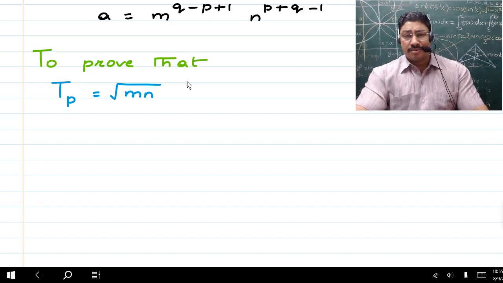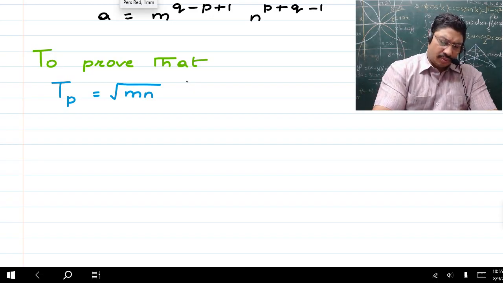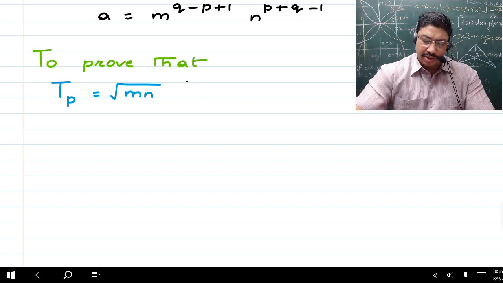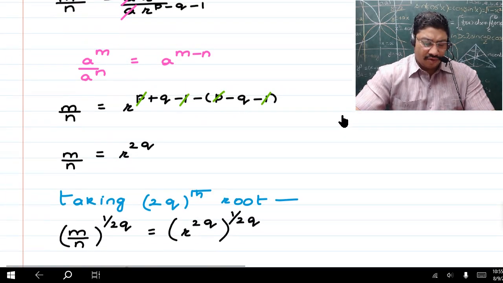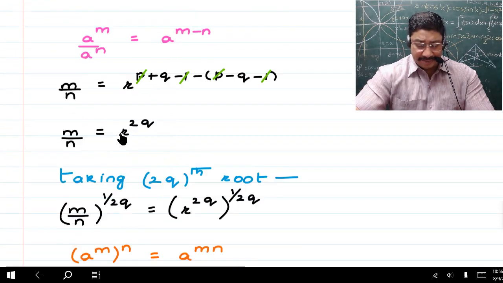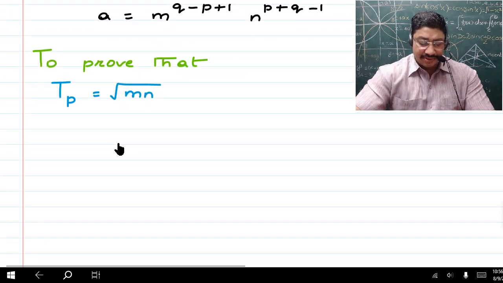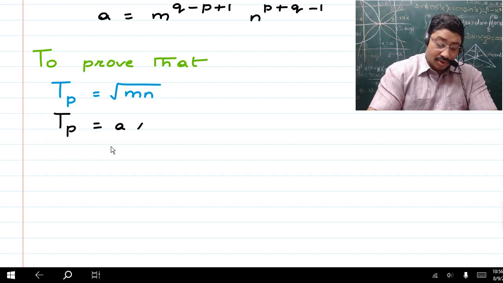So we'll have to use all of these values, that is the values of a and r, to find out the value of the pth term, right? And as children, we have already discussed that if we require to find out the value of any term, we have the formula for Tn, right? And what was that? Tn is equal to a into r raised to the power n minus 1. So next, now we'll be finding out this, that is, it is going to become equal to Tp, which is going to be a into r, which is going to be raised to the power p minus 1.